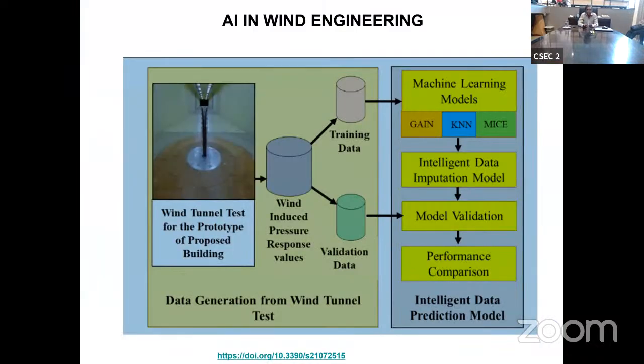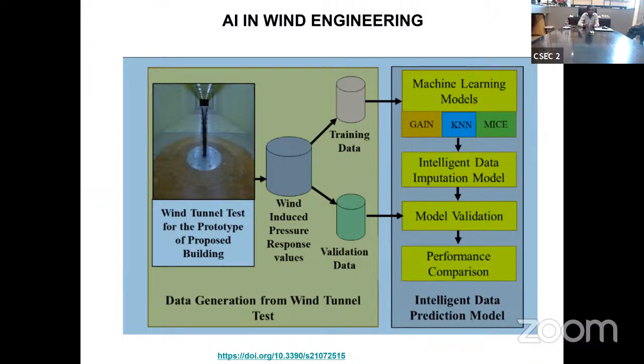And the AI in wind engineering, I'll run through very quickly. I think we still have some technical difficulties, but AI with the wind tunnel test is a very important one. Now AI is coming into everything. In the recent CTBUH forum we did here, we talked about AI in design and construction.